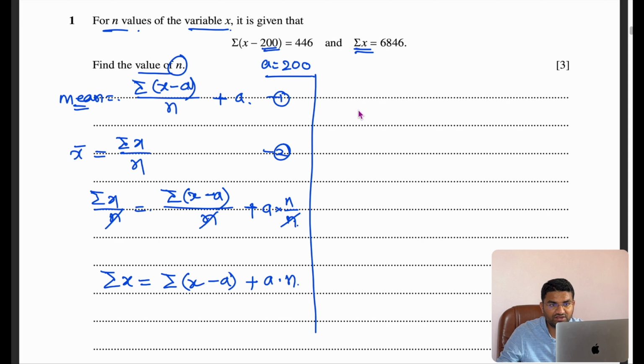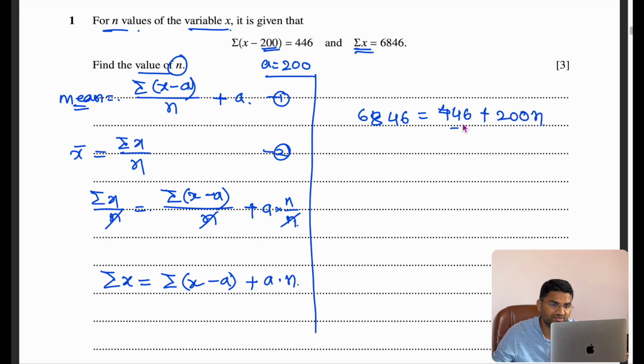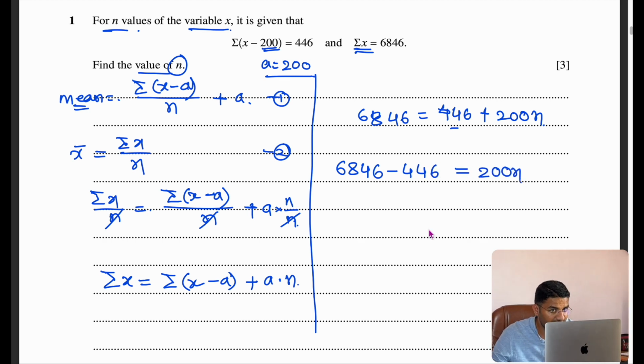So you can put in the values here. Summation of x is 6846, which is equal to summation of (x minus a), 446, plus 200n. Transfer this 446 to the left hand side: 6846 minus 446 is equal to 200n, right?